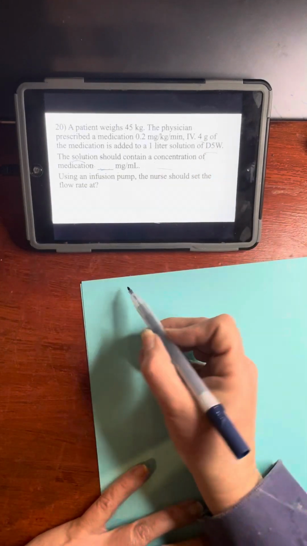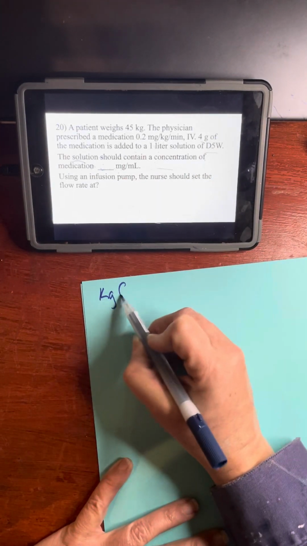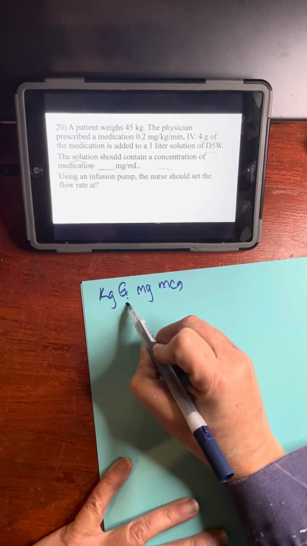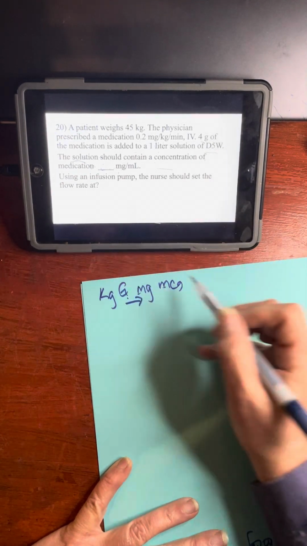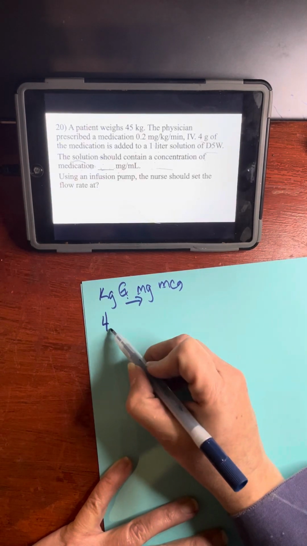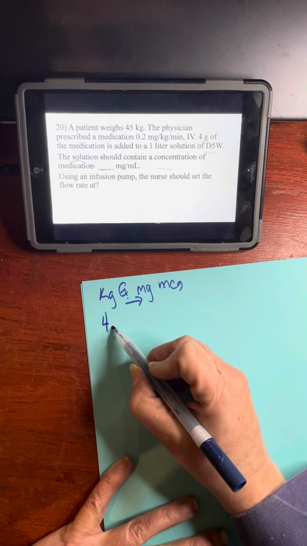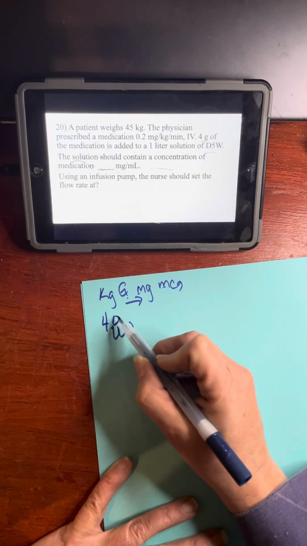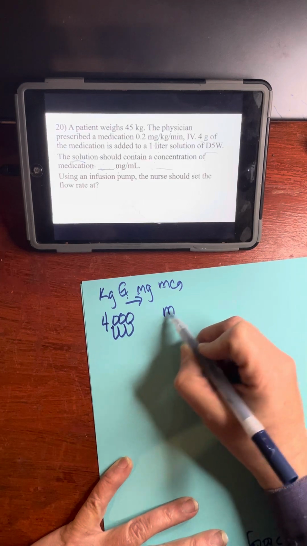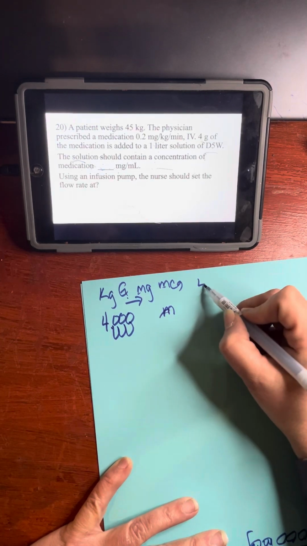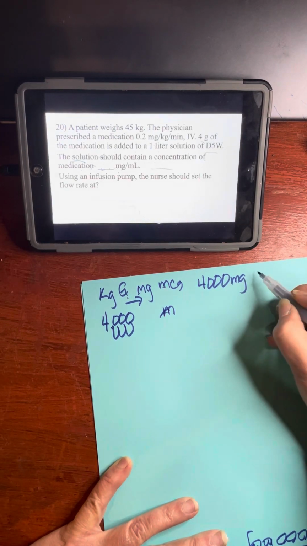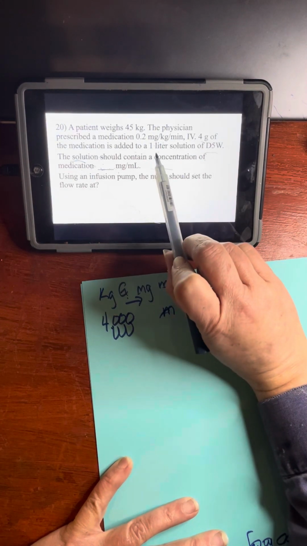We have grams. So I'm going to write it up here because I can. And if we're going from grams to milligrams, which is what we're going to have to do, we got 4 grams, we're moving the decimal to the right. I'm going to grab it behind the whole number and go 1, 2, 3. And so it's going to be 4,000 milligrams per 1 liter.